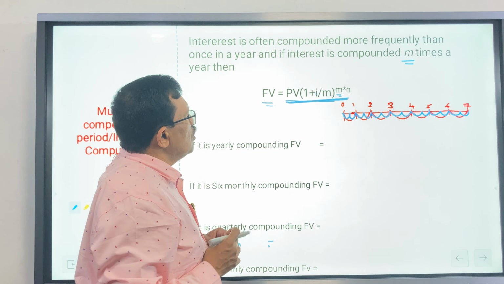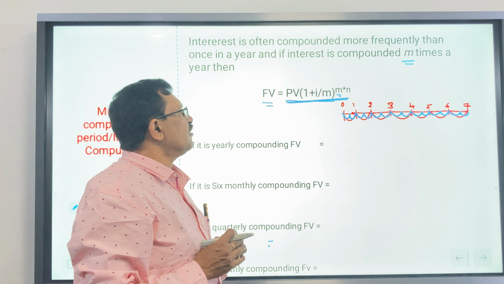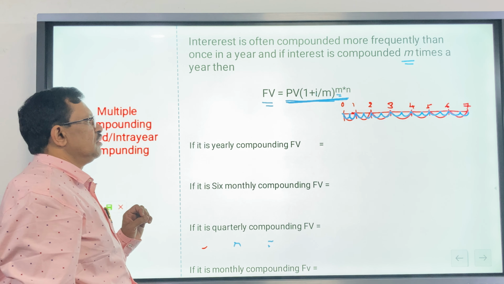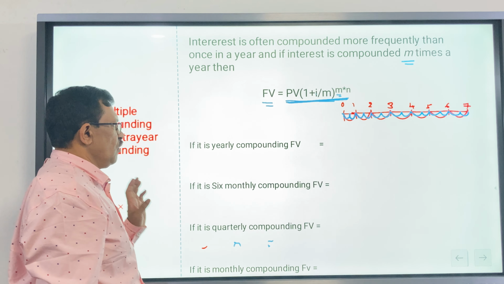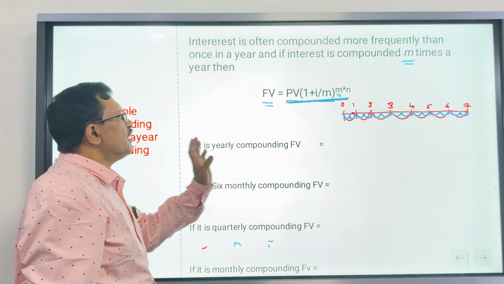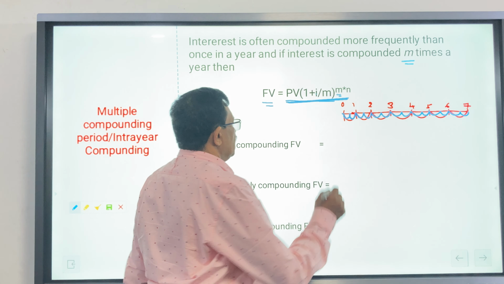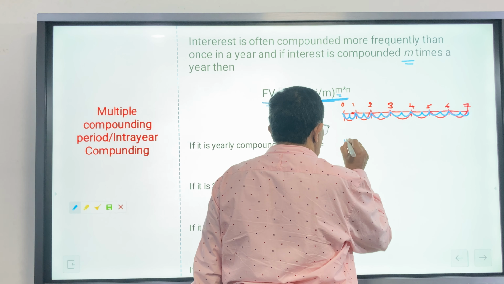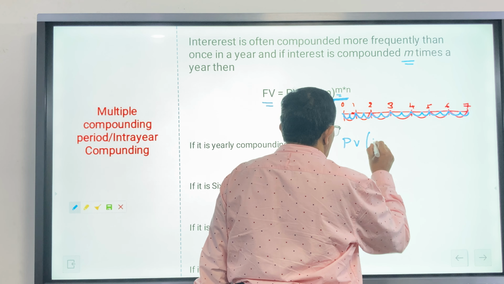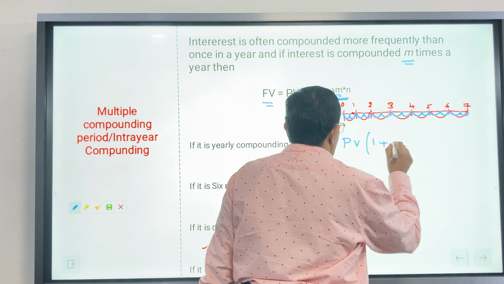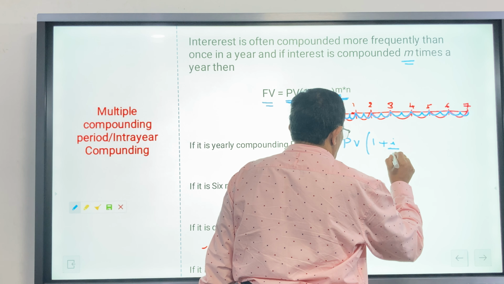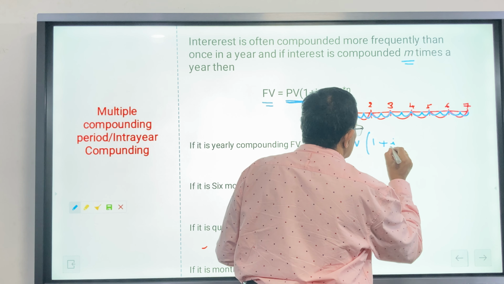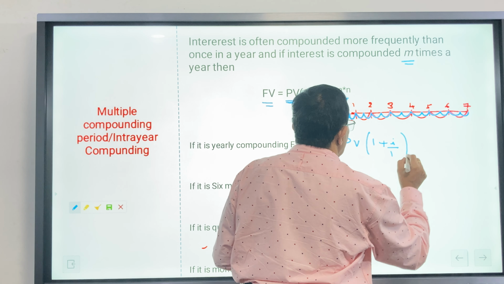So if this is going to be the formula to calculate the future value given m compounding periods, then in the case where the compounding is going to be done once in a year, the formula can be written as the present value into (1 plus i divided by 1) to the power of 1 multiplied by n, because m is 1.